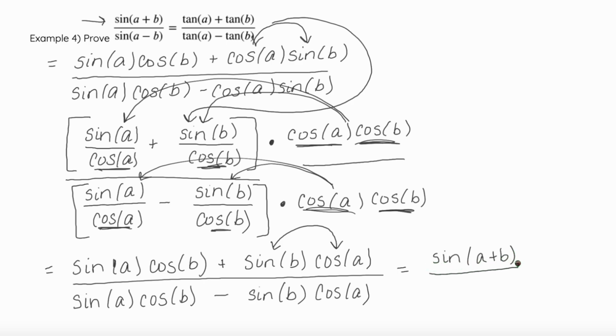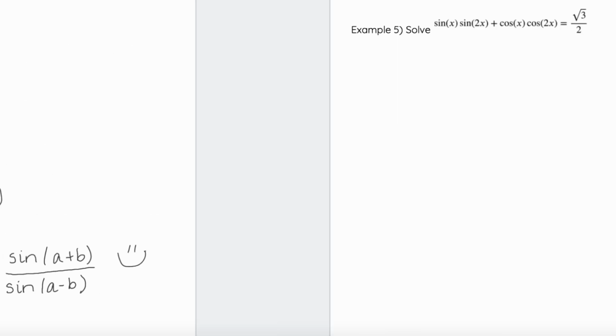I can rewrite and flip-flop these two factors around in either case, because it doesn't matter the order in which we multiply, we'll still have the same value. And thus that gives us the difference of sine. So we have, in fact, in this case, proved that the right-hand side is equal to the left-hand side by using the sum and difference identities.